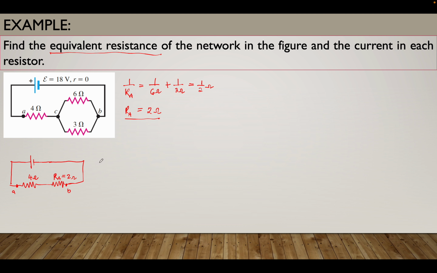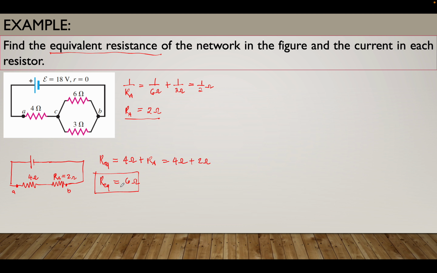So, we can now get the equivalent resistance, which is the sum of these two resistors, which is 4 ohms plus RA, or we have 4 ohms plus 2 ohms. So, our equivalent resistance will be 6 ohms.